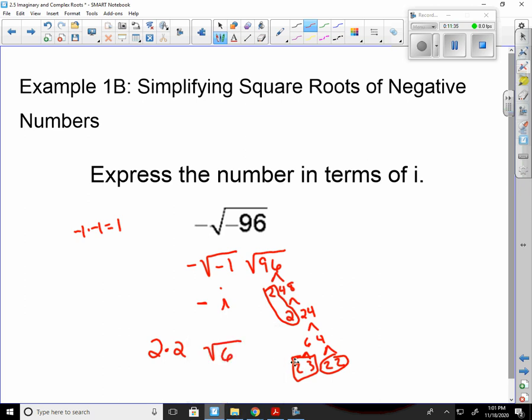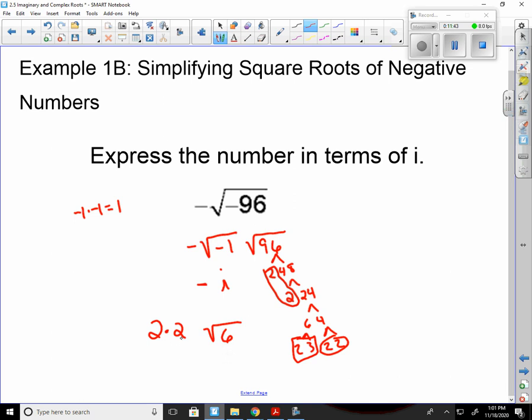So 2 times 3 gives us 6, which stays inside the root. And then that 2 times 2 out in front just becomes a 4. So the square root of 96 broke down to 4 root 6.